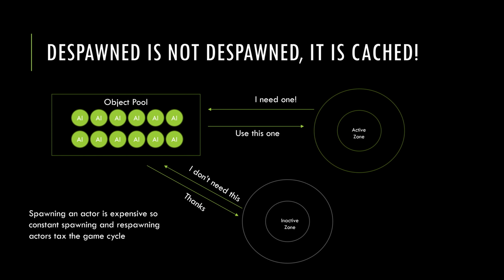So that when the next AI spawner needs an object, they will ask the object pool for their AI, and the AI will be handed to them. And so this notion of not spawning and despawning has the advantage of not taking up CPU cycles at critical moments when you need them.